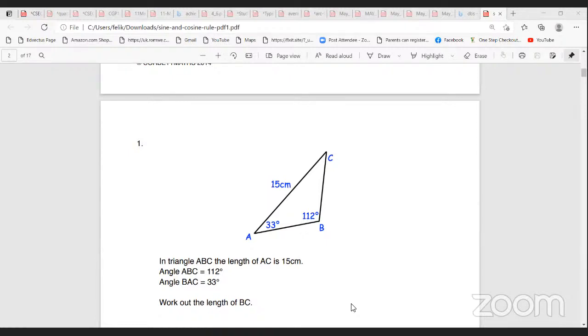All right, so we're going to continue with the question. Which one should we use? Cosine. Why cosine rule? Because it has an angle.